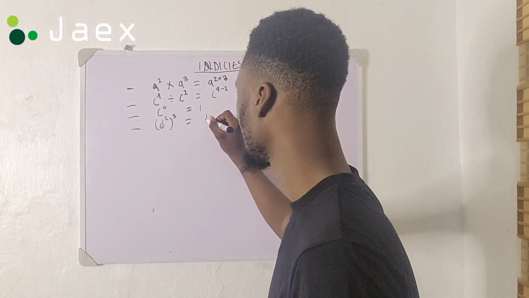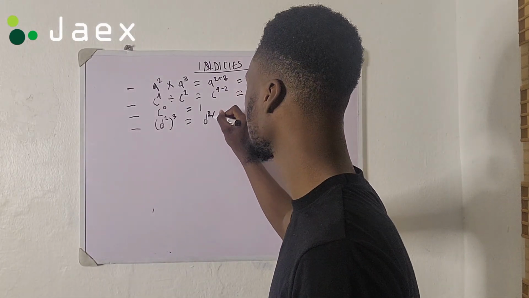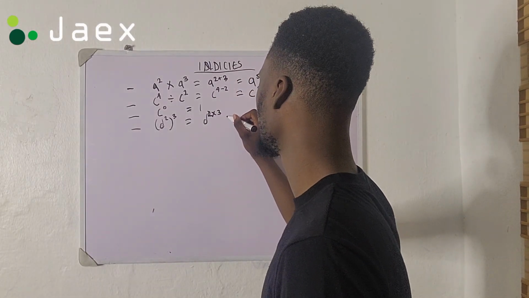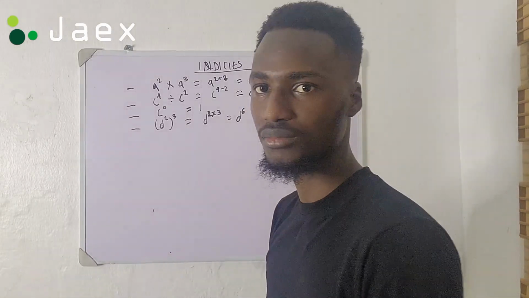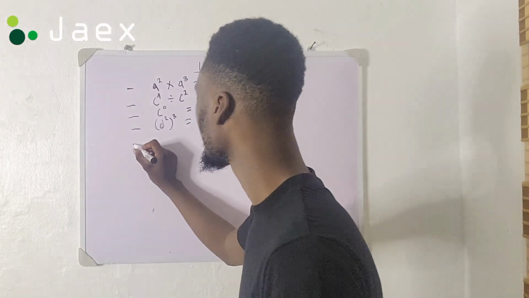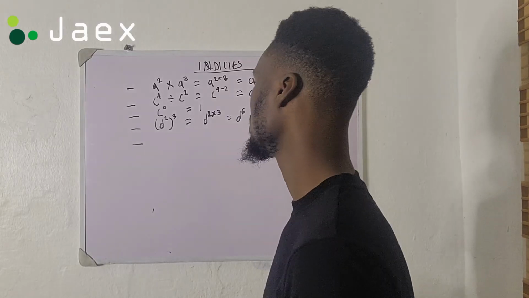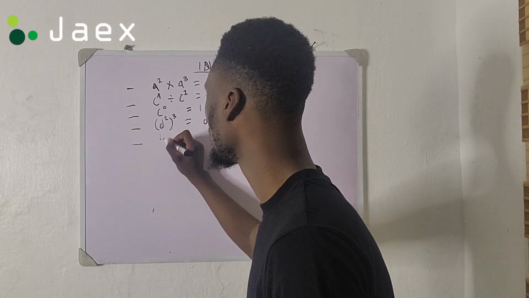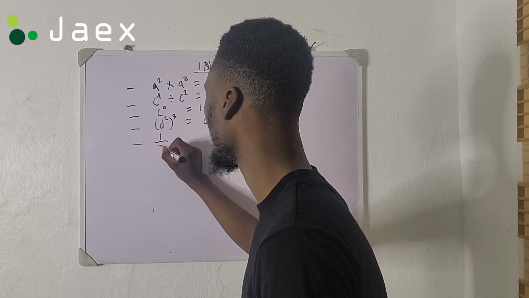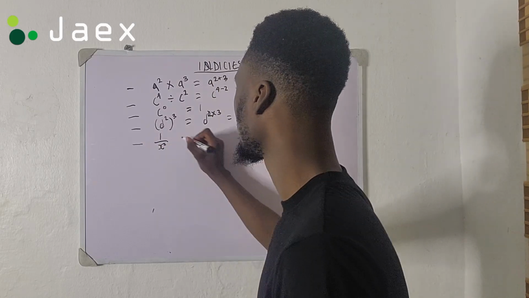So you have d raised to the power 2 times 3, which should give you d raised to the power 6.